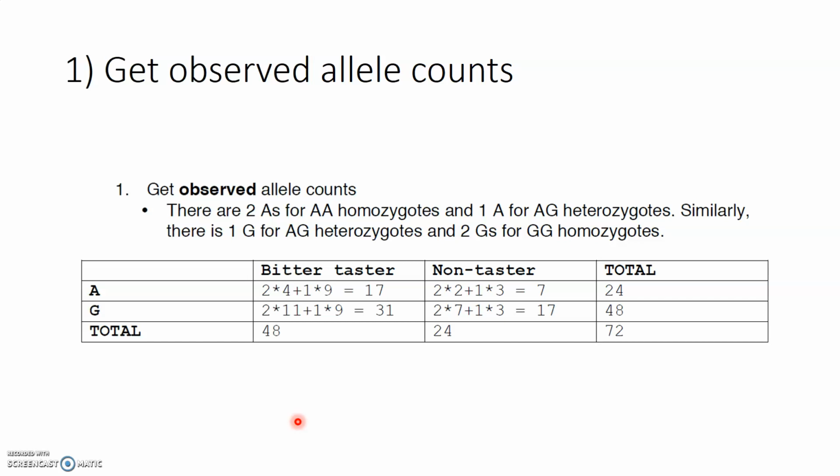For our heterozygotes, they get 1 A, and for our GG homozygotes, obviously they don't have any A alleles. Conversely, we can work through 1 G allele for our AG heterozygotes and 2 Gs for our GG homozygotes. And you see that we total up in our 2x2 contingency table for our A allele and our G allele being bitter tasters and non-tasters.